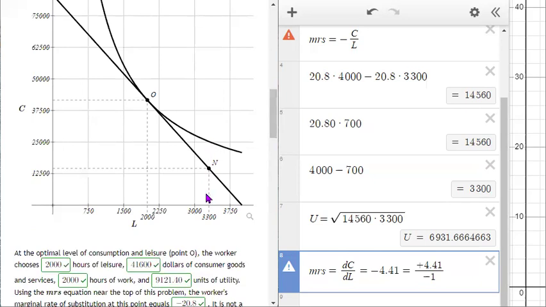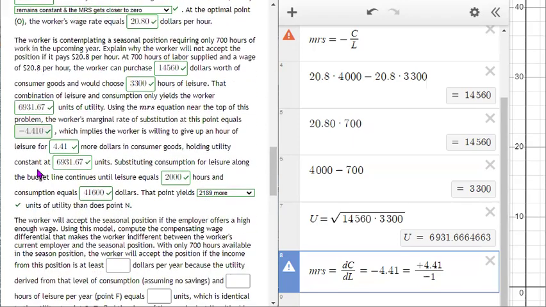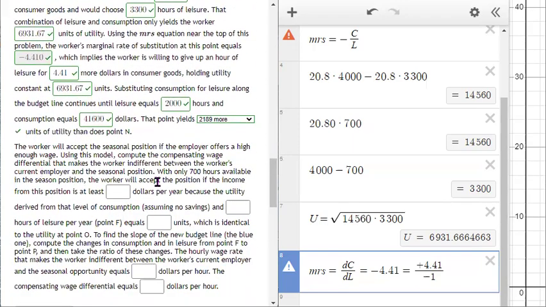Then we can find the consumption level, and it looks like it's going to be about 25,000. So about 25,000 in my model corresponds to 3,300 hours of leisure.